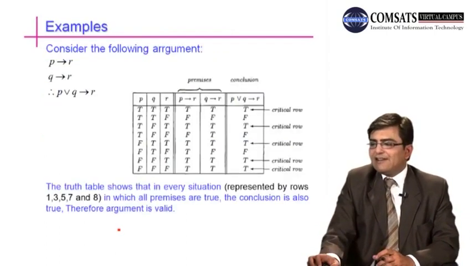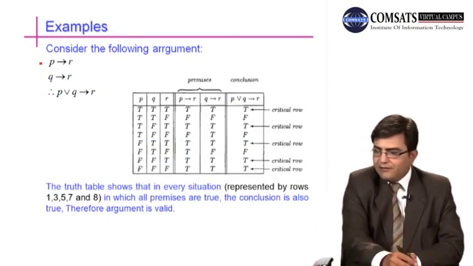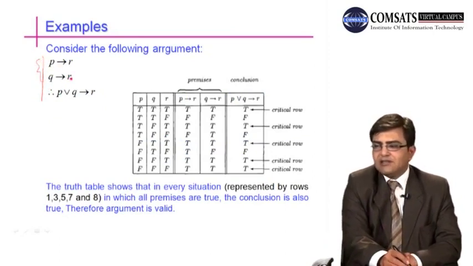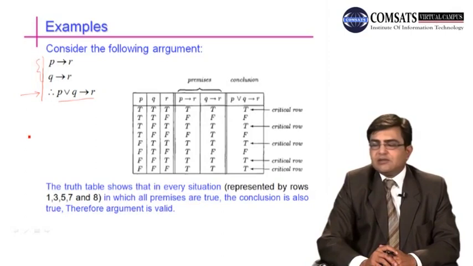If we take a valid argument in symbolic logic, for example, we have an argument with two premises, P implies Q and Q implies R. These two statements are premises, and the last statement is the conclusion, as the sign of three dots, read as therefore, is put before this statement. So now how do we prove this argument to be valid?